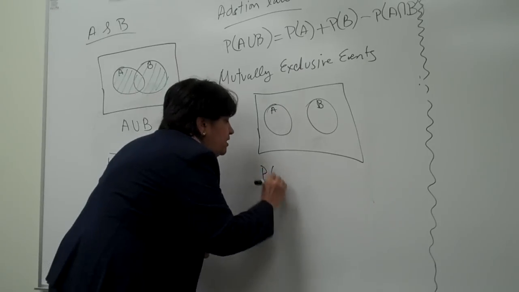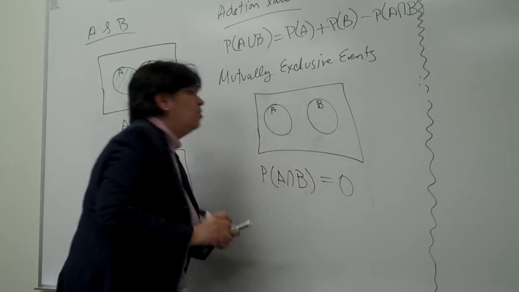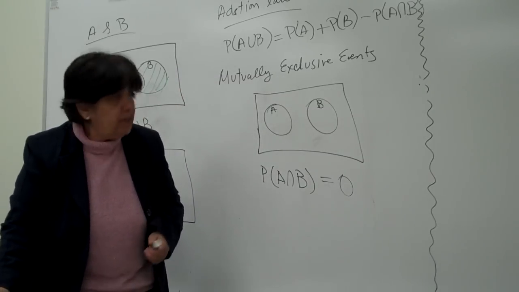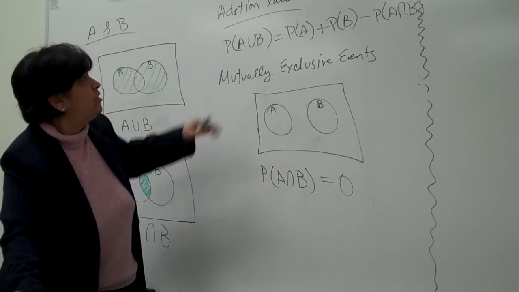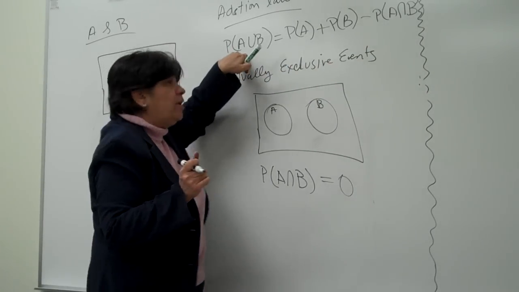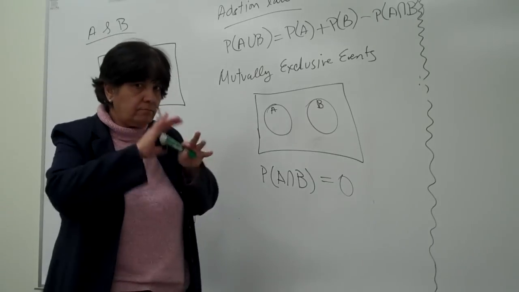So the probability of A intersection B is equal to 0. That is the definition of mutually exclusive events, such that in mutually exclusive events, since this is equal to 0, the probability of A union B is the probability of A plus the probability of B. That's it.